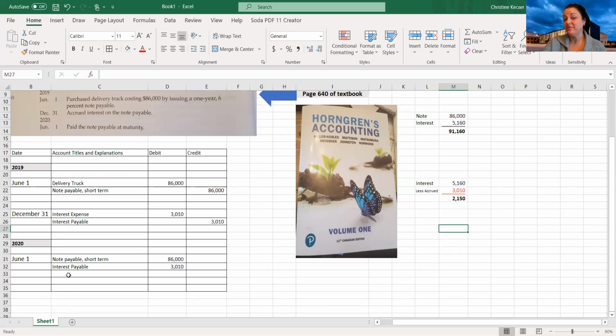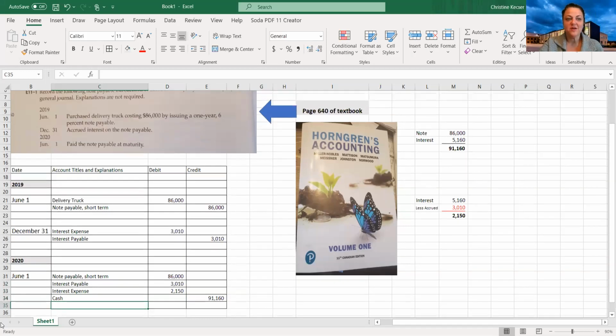So we're actually going to have to expense that as interest expense. And then of course the offset to this is cash. We are going to enter cash, and we're going to credit cash for the full amount of $91,160.